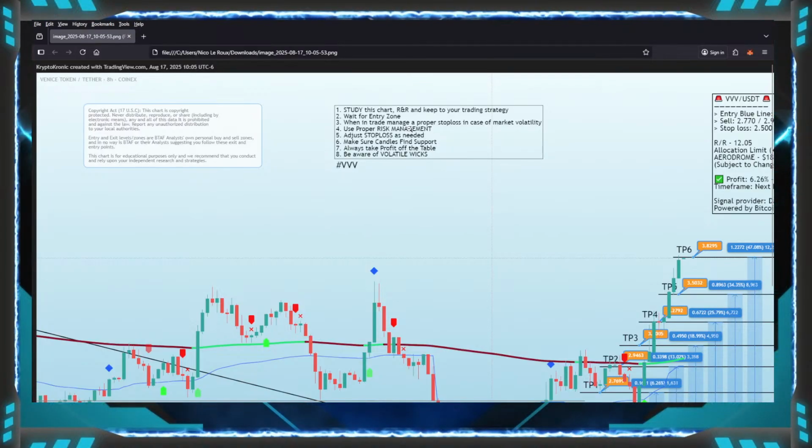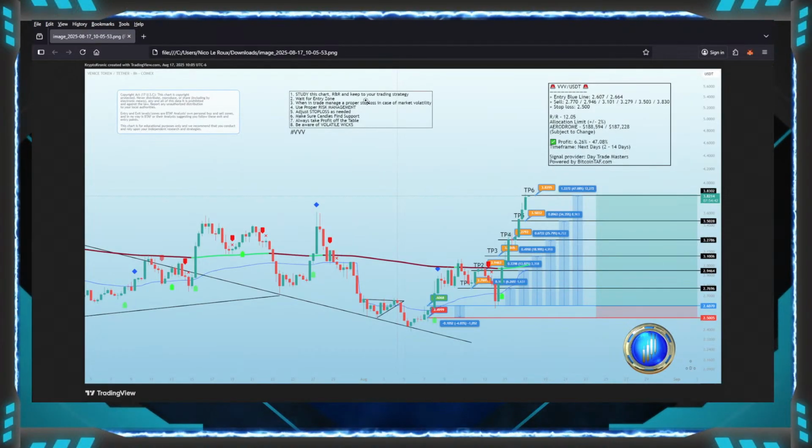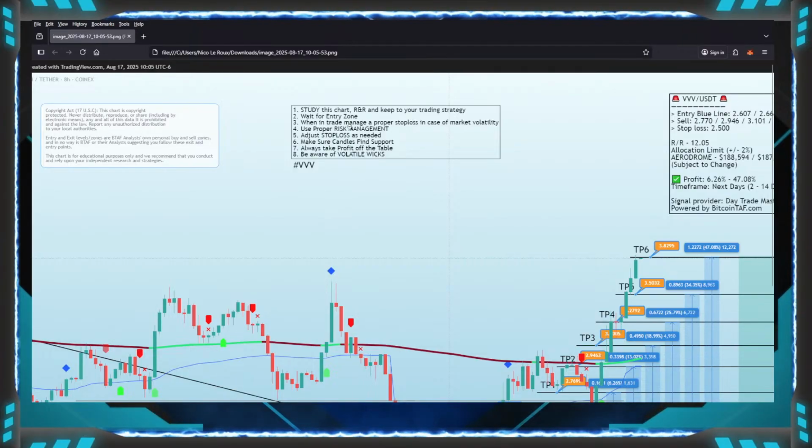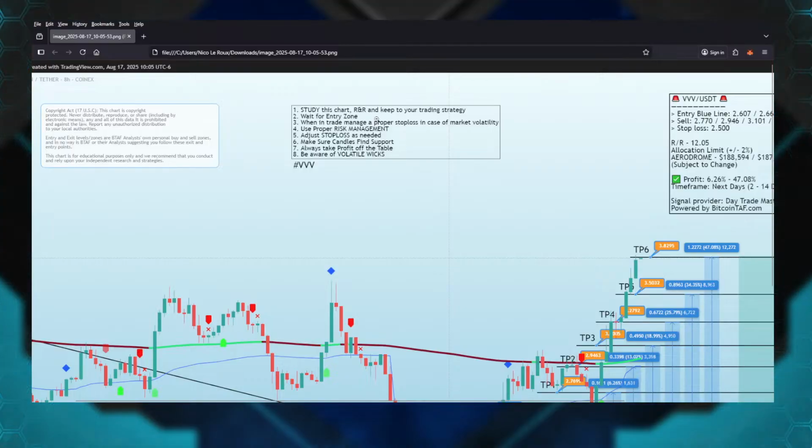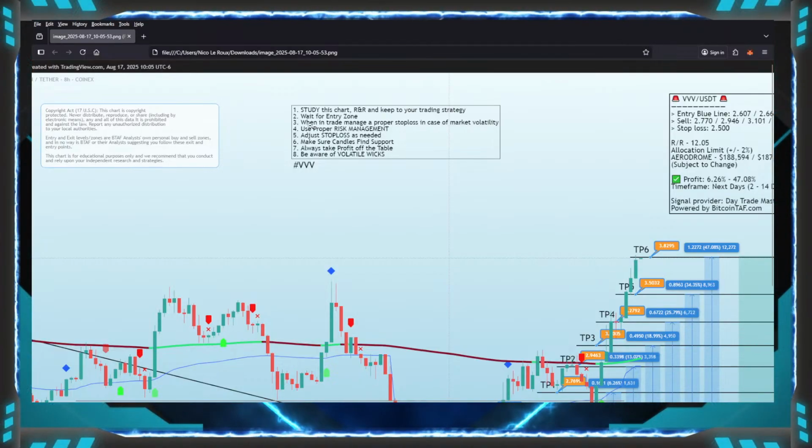You can also see here there are a few rules that we provide with these charts. Study this chart, R&R, the risk and reward, and keep to your trading strategy. Wait for the entry zone. When in a trade, manage a proper stop loss in case of market volatility. Use proper risk management, adjust stop loss as needed.